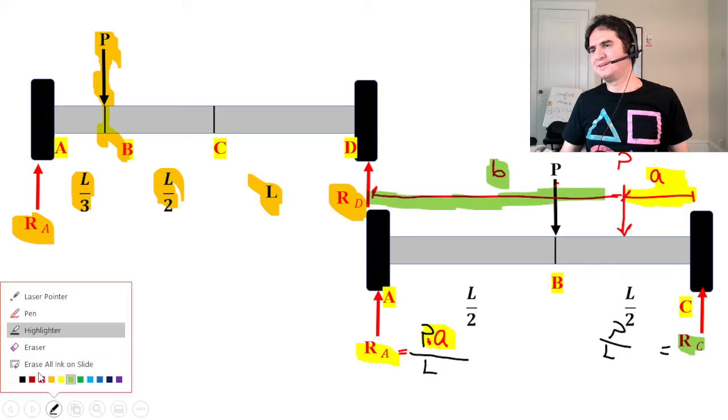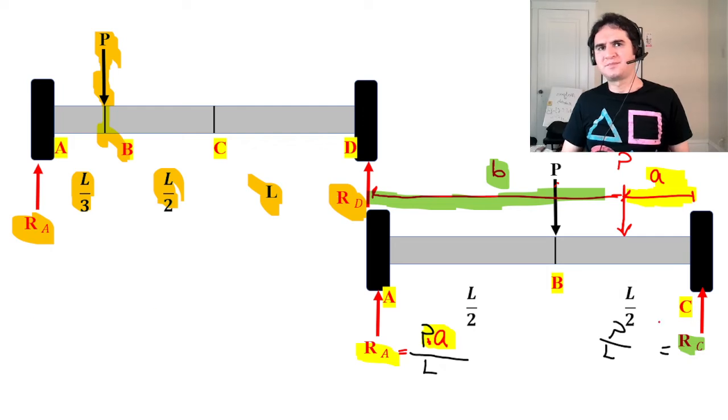So it's P times b. Let's put in numeric values. If a is 1/4 of L and b is 3/4 of L, the reaction at A is P over L times a, which is a quarter of L.